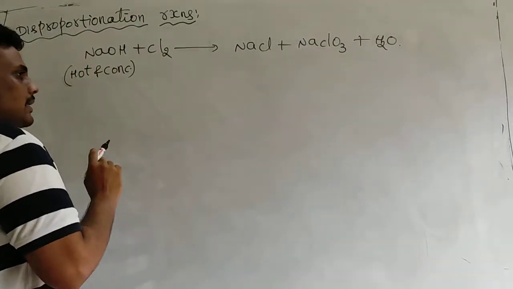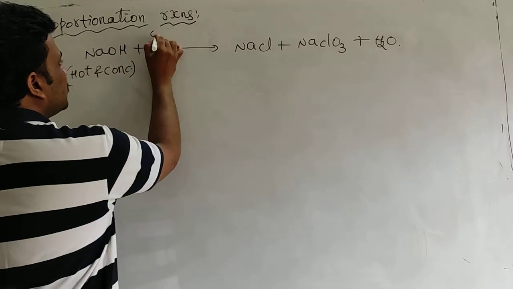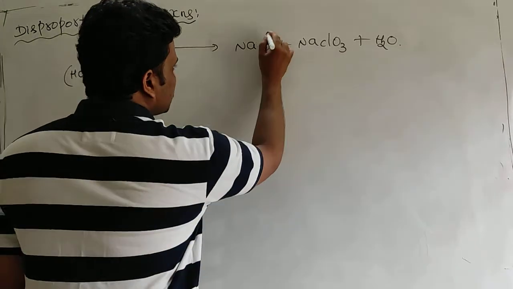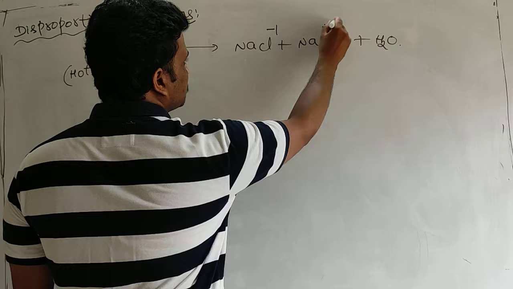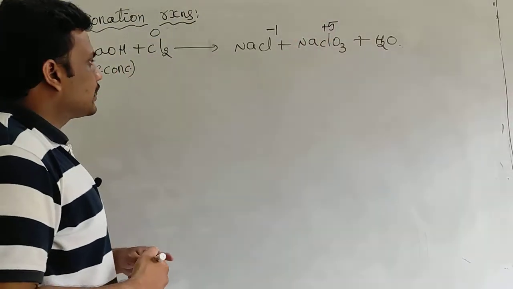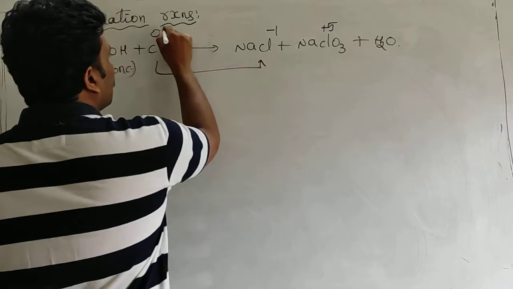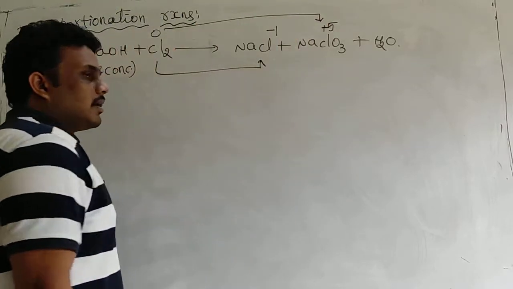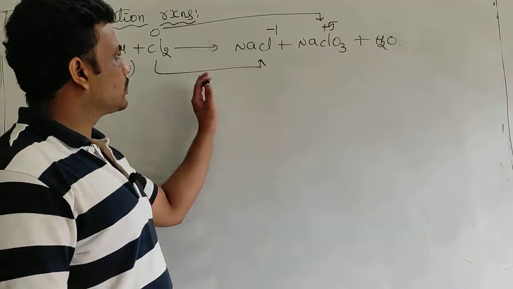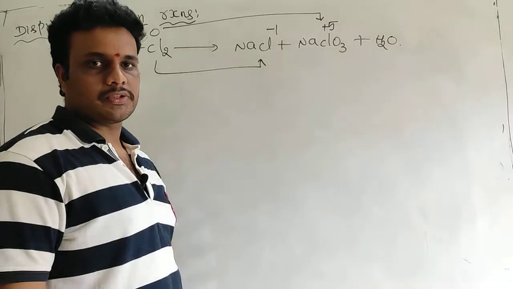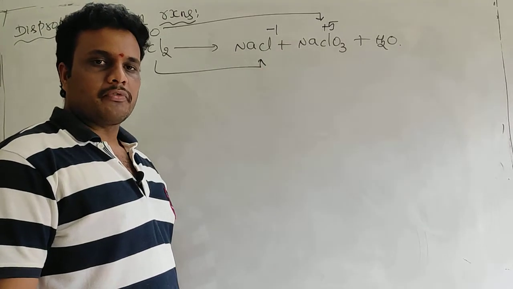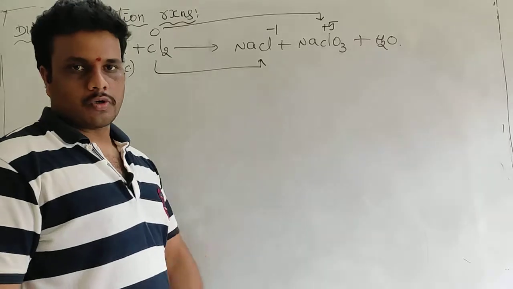In this reaction, chlorine is in 0 oxidation state on the left side, and -1 and +5 on the right side. So it is clear that chlorine undergoes both reduction and oxidation. Both a decrease and an increase in oxidation state take place from a fixed oxidation state of chlorine.